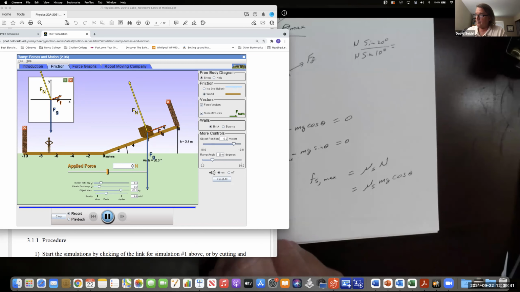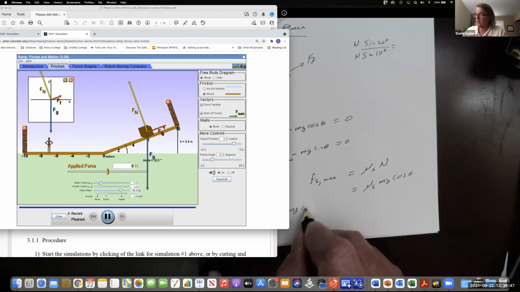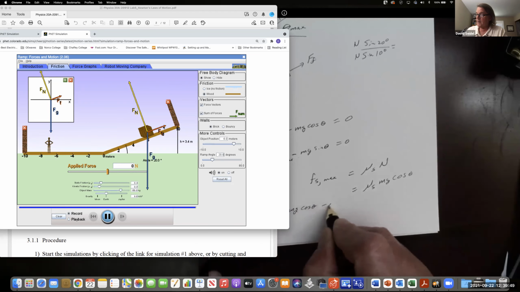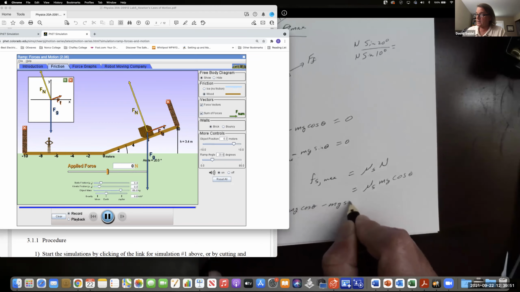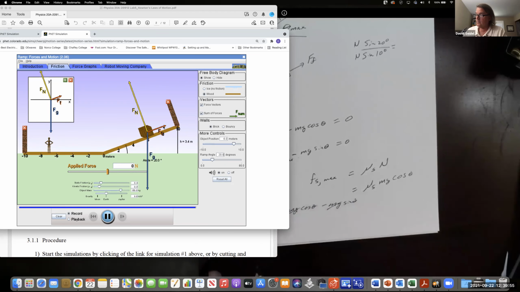So if I want to keep it from sliding down, my sum of the force in the x direction is mu sub S mg cosine theta minus mg sine theta. My m and my g cancel. That has to equal 0, and mu sub S just equals tangent theta. So if you know mu sub S, you can calculate the maximum angle.